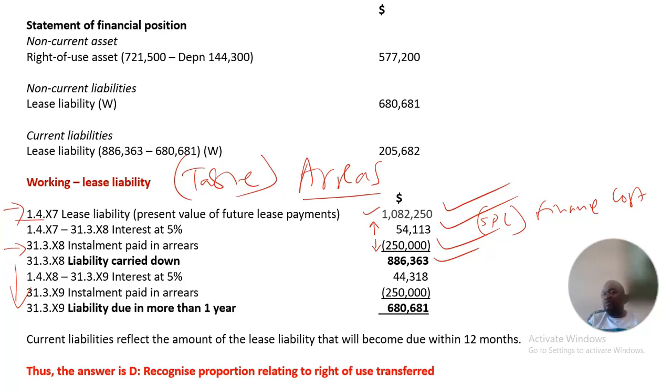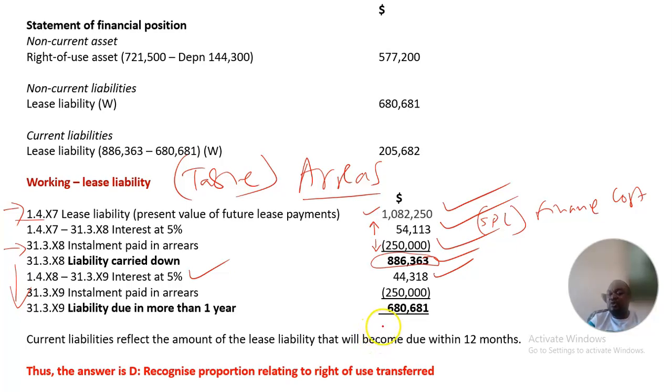This is going to give you two important figures, the non-current liability as well as the current liability related to this lease transaction. So we say this was the closing as at 31st March 2008, but we need to apply 5% interest on that, and this is the interest.